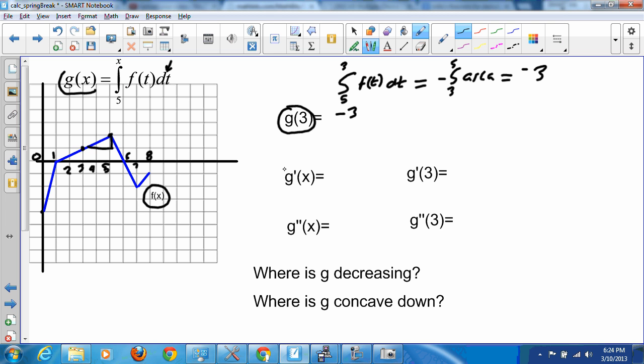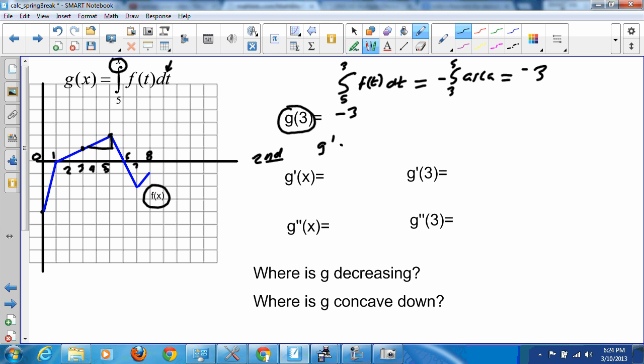All right. The next statement says find g prime of x. Well, this is g of x, and so for g prime of x, this is the second fundamental theorem of calculus here. So since this is just a single x, take the derivative of both sides. We have what?